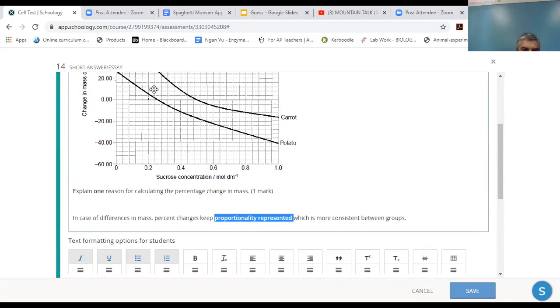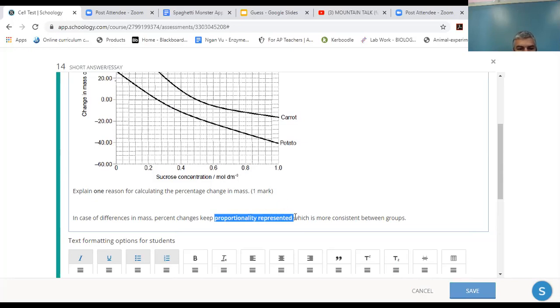If I'm looking at something that has a mass of 10 grams versus something that has a mass of 5 grams, well, if I have a mass of 10 grams and I lose 2 grams, that's 20%. But if I have something that has a mass of 5 grams and I lose 2 grams, that's a change of 40%. 2 grams to 2 grams sounds like it's the same, but it's not, because 2 grams means a lot more in something that's small.